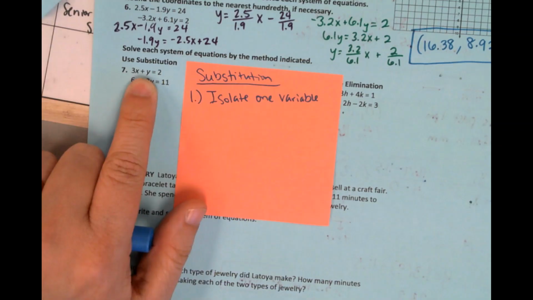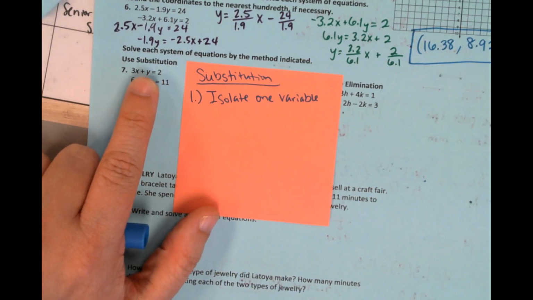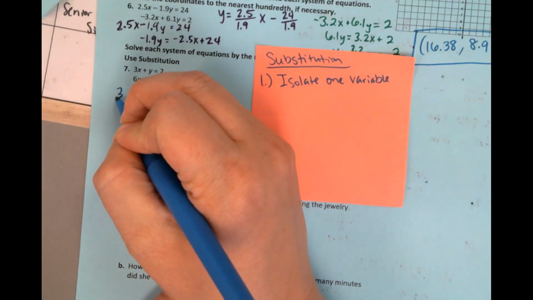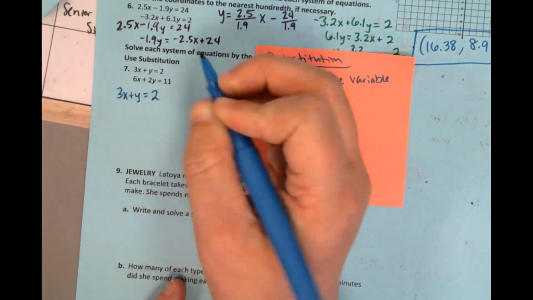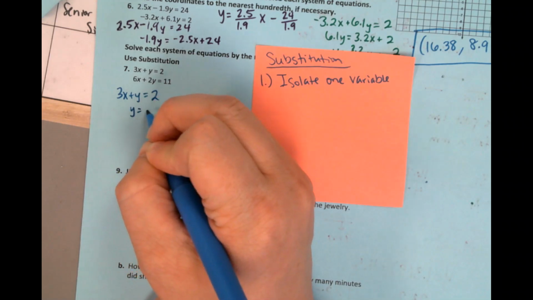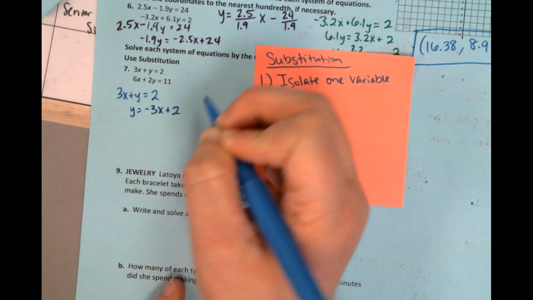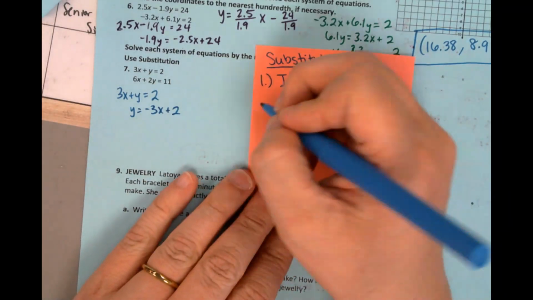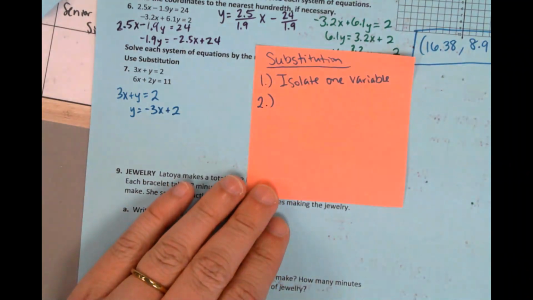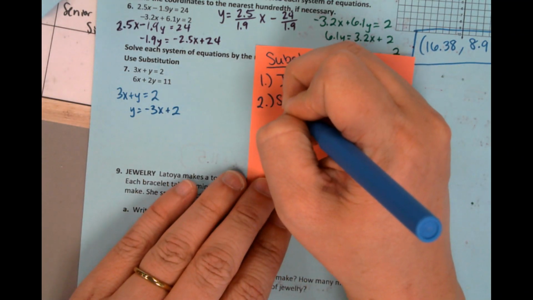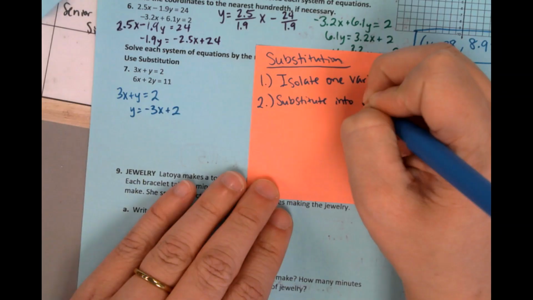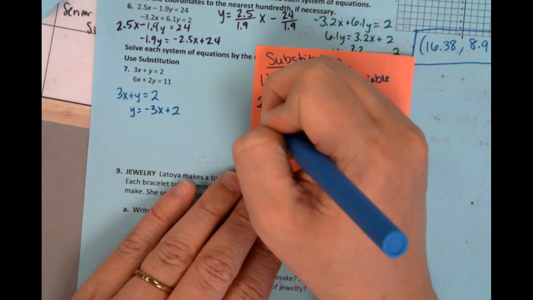It looks like the y is going to be easiest to isolate. So let's isolate that variable. 3x plus y equals 2. We're going to subtract 3x, so y equals negative 3x plus 2. Hey look, y is now isolated. Now is where the actual step of substitution occurs. We substitute into the other equation.